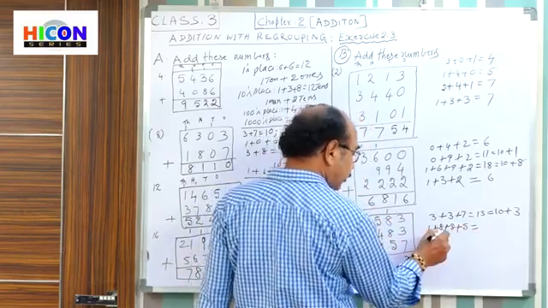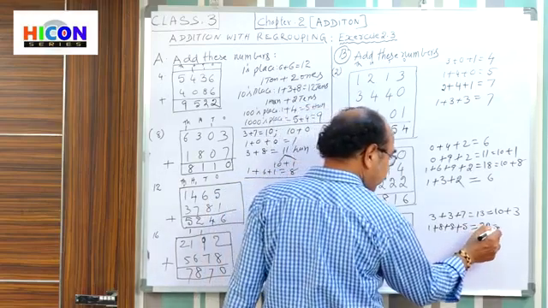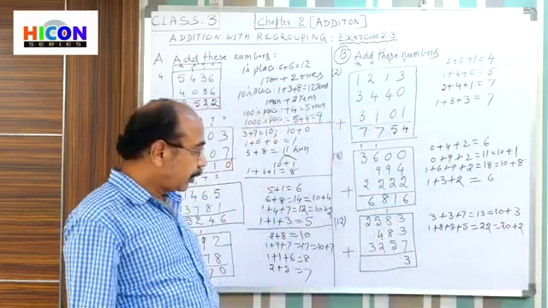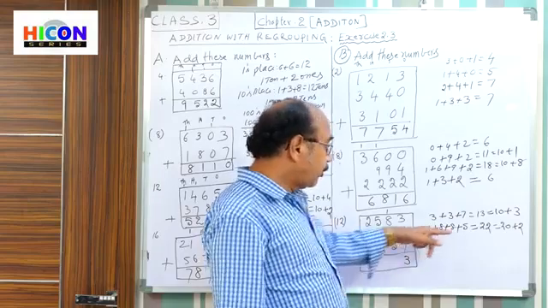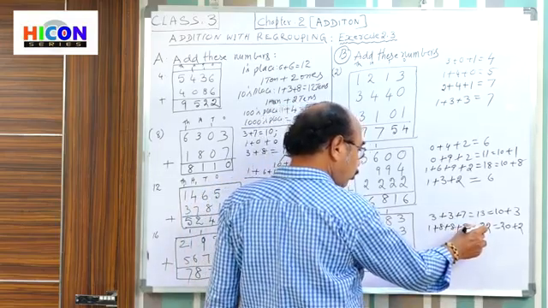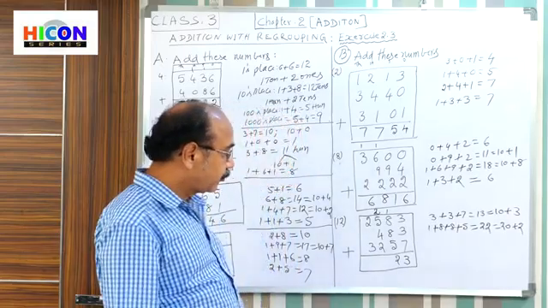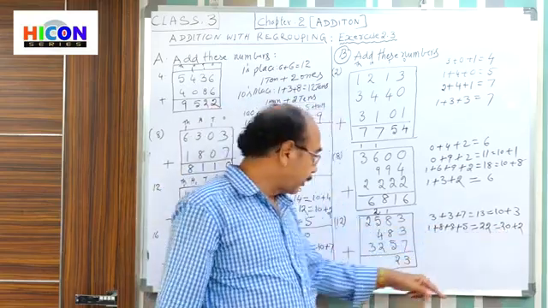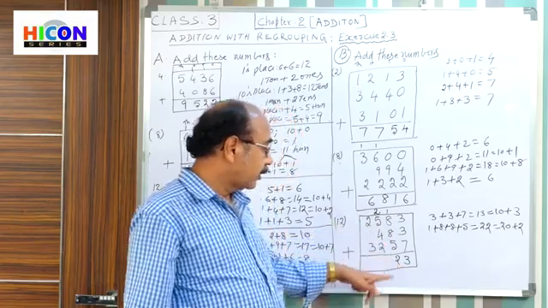Add 8 plus 1, 9. 9 plus 8, 17. 17 plus 5, 22. 22 tens. 22 can be written as 20 plus 2. 20 tens makes 200. So 2 we write in the tens place, and we carry 2 here in the hundreds place. That 2 we write as the carried 100.